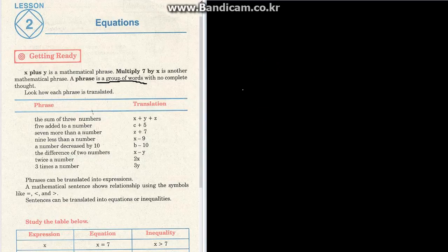Here, the sum of three numbers. We don't know what the numbers are, but it says the sum of the three numbers. So x is a number, y is a number, and z is another number, right? So the phrase can be translated into this mathematical phrase.